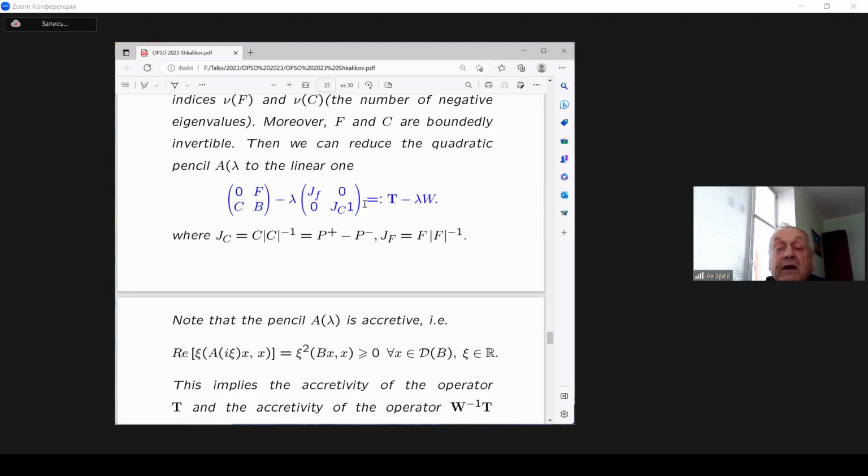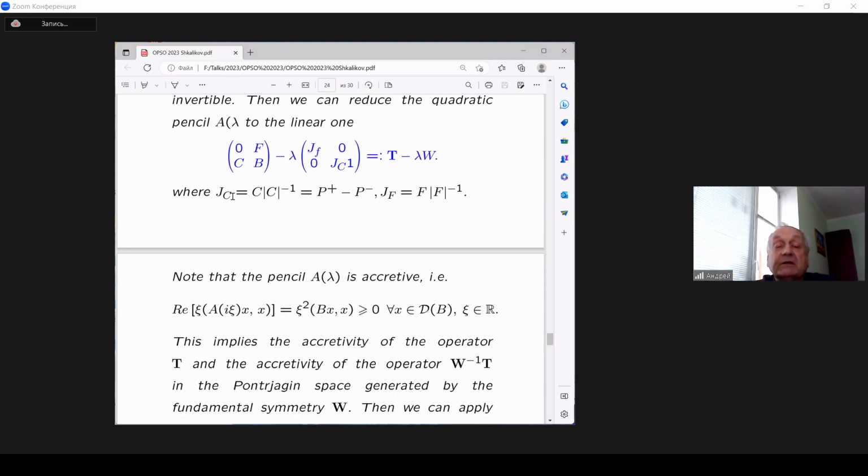Identity is a Britain arrow, which we denote, this operator we denote as before by T, and this operator we denote by W. If indices of inertia of operators F and C are finite, then this operator is accretive in the Pontryagin space, where G_C is this operator and G_F is this operator.